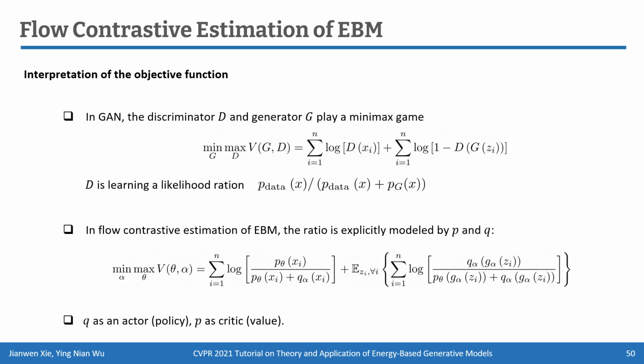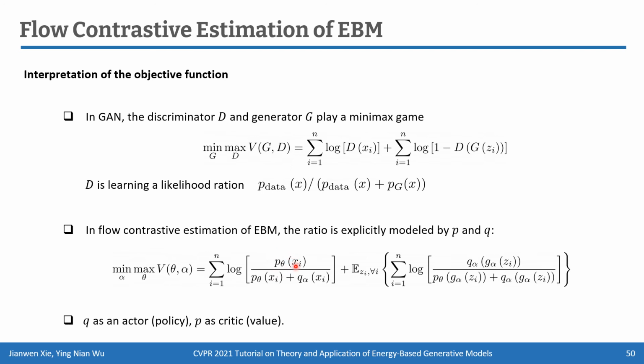If we compare this scheme to a GAN, in a GAN we learn a discriminator, and the discriminator is based on this likelihood ratio. However, in flow contrastive estimation, because we know the density of Q_alpha, which is in explicit normalized form, we can also learn this P_theta explicitly.